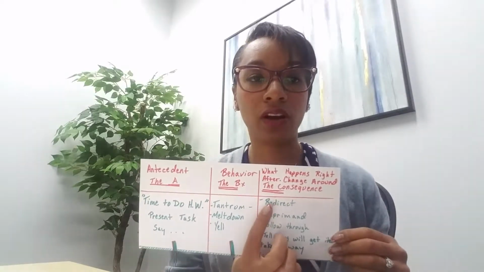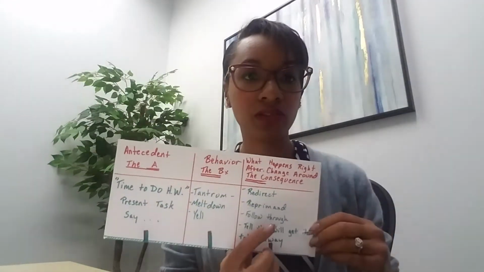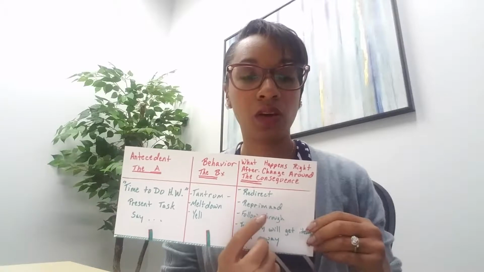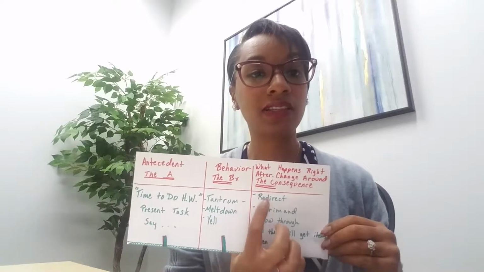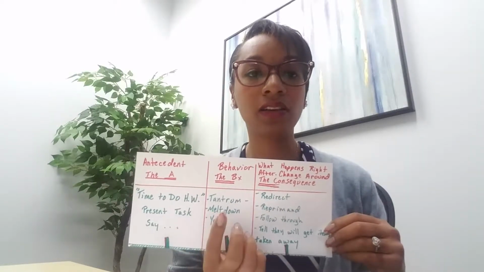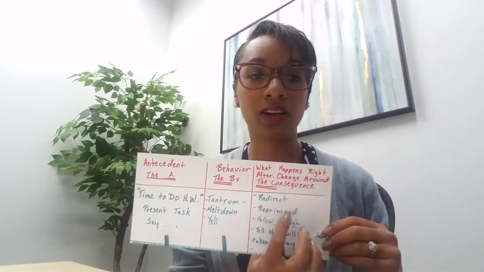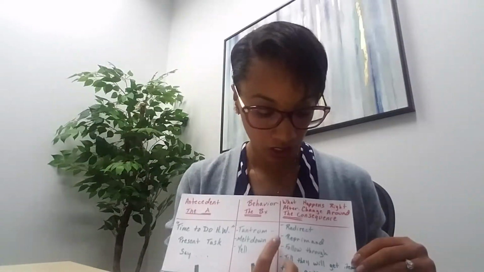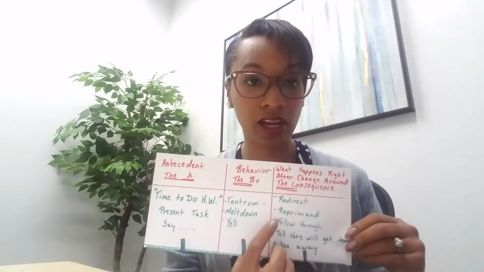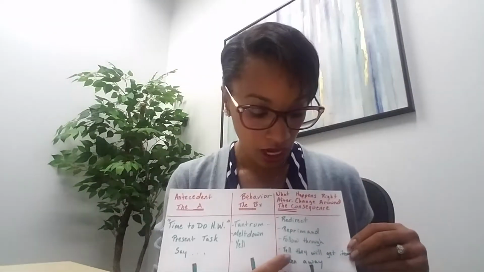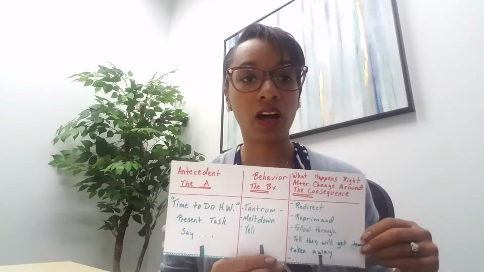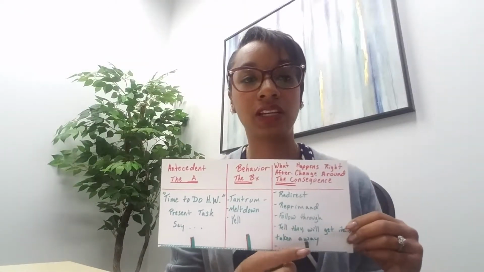And then the third part is what happens right after. What is the change in the environment? This is the C. So we have our A, antecedent, B, behavior, C, consequence. You might redirect the child, you might reprimand the child, you might tell him what he's not going to get, you might follow through. There are a lot of different consequences or a lot of different things that can happen right after behavior.